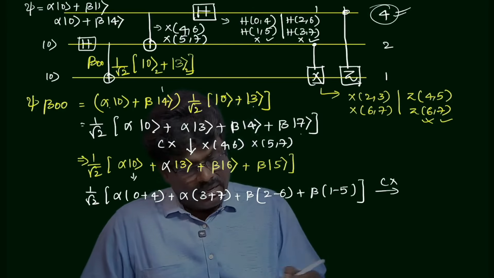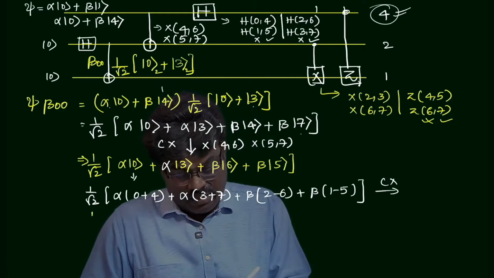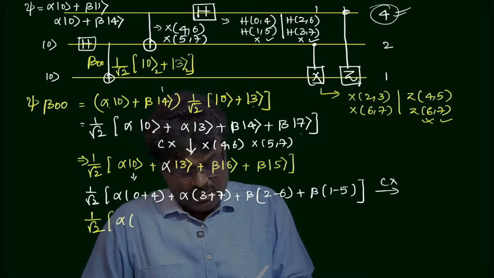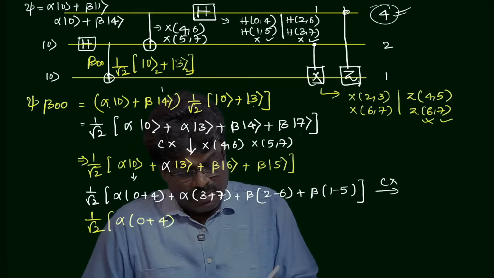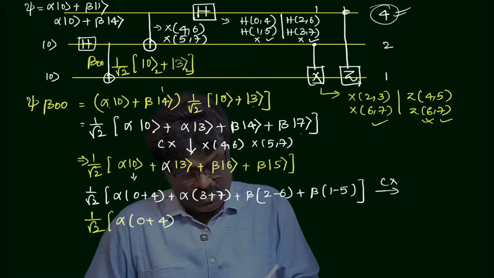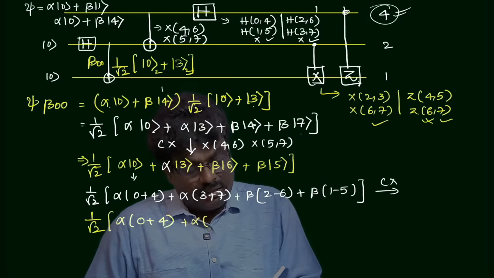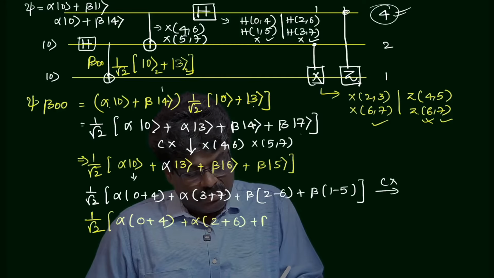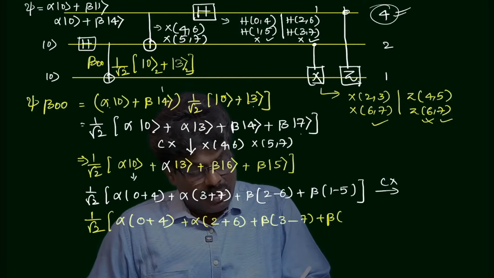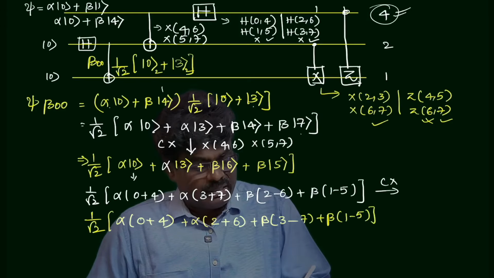Fine. So let us apply C naught, then we will get 1 over root 2 (alpha 0 plus 4, no change, I am applying only the X operation, plus alpha 3 becomes 2, 7 becomes 6, plus beta 2 becomes 3, 6 becomes 7, plus beta 1 is as it is, or 5 is as it is).